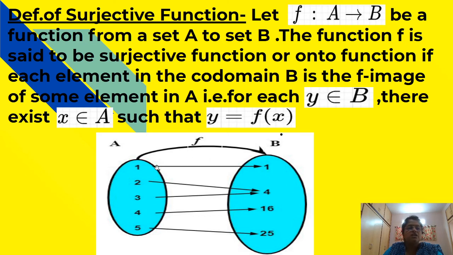And this is the example of surjective function. Here we can observe that for each y belonging to B, there exists pre-image in the set A. And therefore, this is the surjective function.